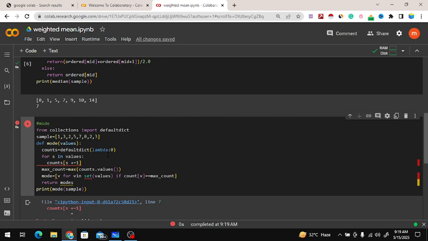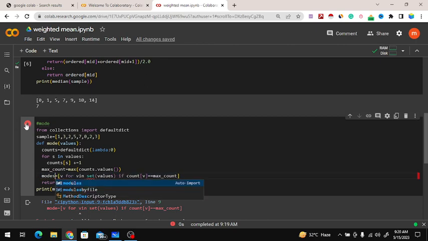So I think I have gotten some errors like this. Okay, counts, the modes. Count should be max count, that is right, and then it should be okay. We write the modes, then we have repeated.